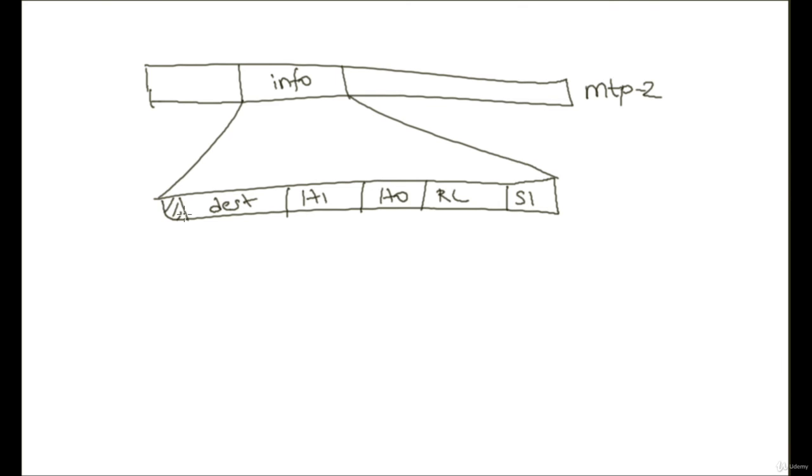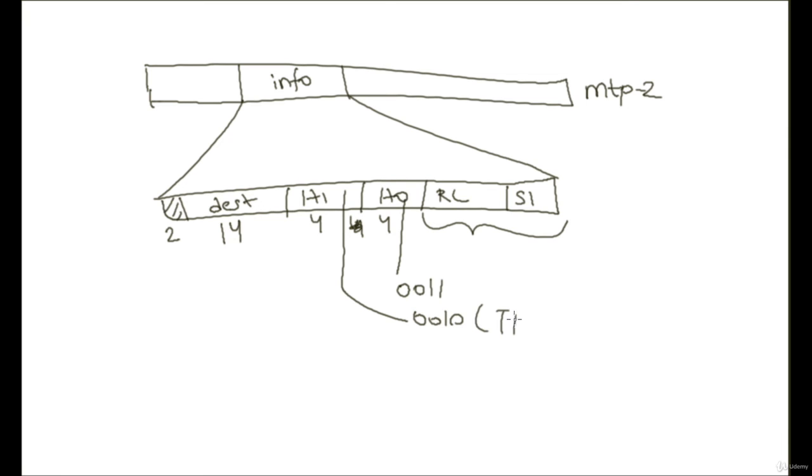Okay, so this is a 2-bit spare. Destination point code is 14-bit. Header is 4 bits. Sorry, this H0 is 4-bit. Routing label and SI is common in all the MTP protocols. So here H0 is going to be 0011, and H1 is going to be 0010. That's for TFC.